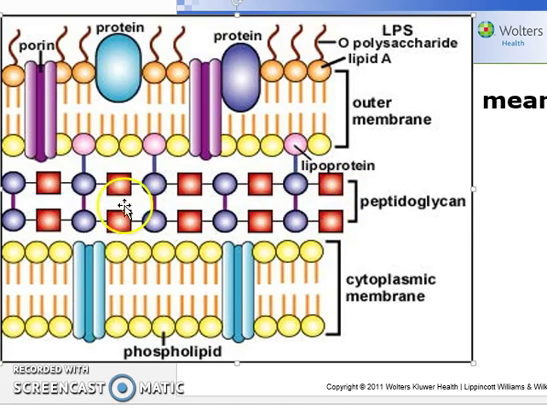And this chain linkage will provide support and protection to this cell to keep the cell from succumbing to osmotic pressure. In this particular structure, remember I've said before that we have gram-negative bacteria and gram-positive bacteria. Gram-positive bacteria will have 40 layers or more of peptidoglycan. And here we only see one layer of peptidoglycan.